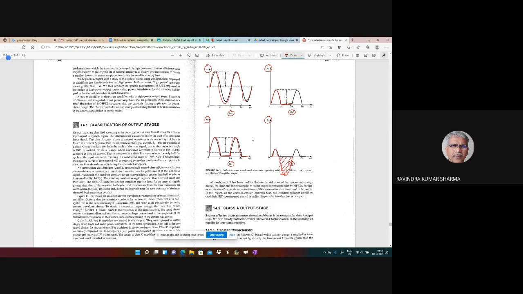Active device यहाँ हमने bipolar transistor मान के IC लिखा हुआ है. It could be MOSFET. When it is MOSFET, then this current would be obviously drain current. Is that okay? So in that case, you would call this ID.